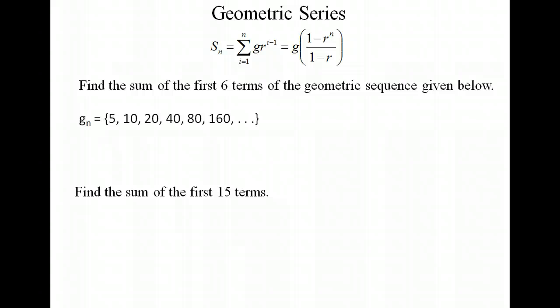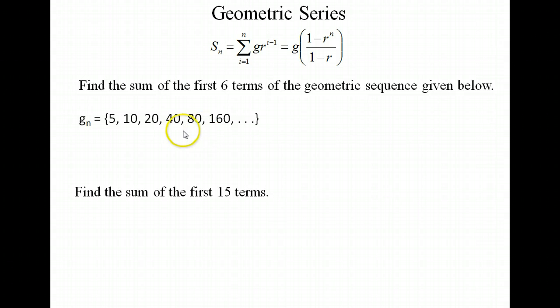Okay, let's use that formula to help us find the sum of the first 6 terms of a geometric sequence. We have this sequence 5, 10, 20, 40, 80, 160. So we want to find the sum. First thing that we need to figure out is what is our constant ratio. So we're multiplying by 2 each time to get the next term.